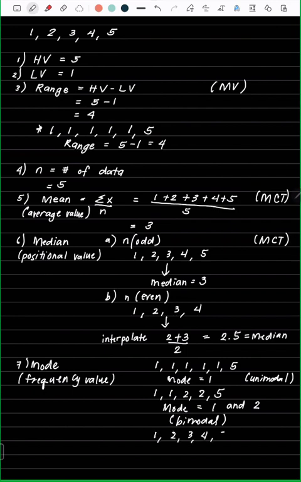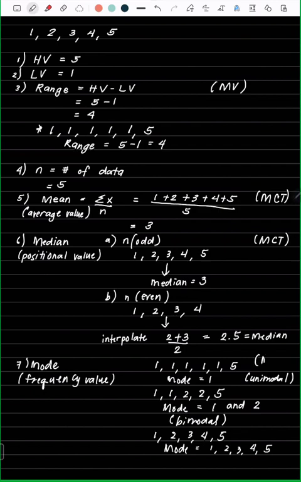Now, an example of a multimodal would be the data that we have: 1, 2, 3, 4, and 5. You would observe if I'm going to just determine which is the most frequent, 1, 2, 3, 4, and 5 each appeared once. Therefore, here, our mode would be all our data. Why?